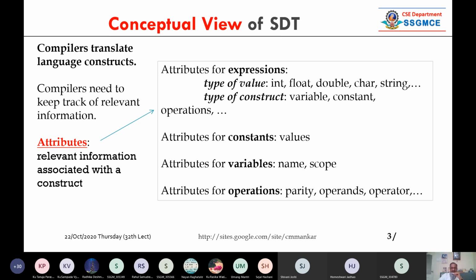It includes the type, size, length, format, and memory location. So this is supporting information. All these we call attributes, and they are related to the programming constructs. Programming constructs means programming statements or lines in your code.